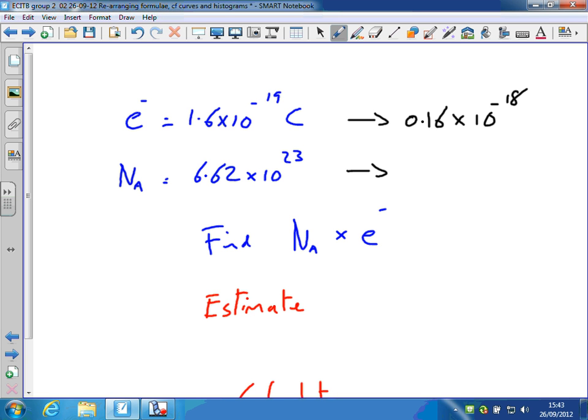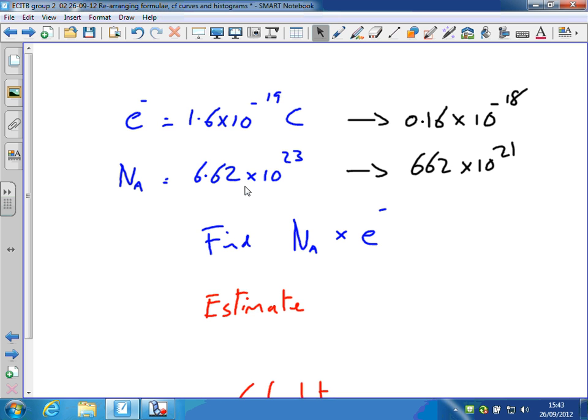No, I can see why though. No, I've got to go 23 places that way. So if I shift it once, how many more have I got to go? 22. Twice? 21. So in other words, it's 662 times 10 to the 21. I'm going the other way with big numbers.